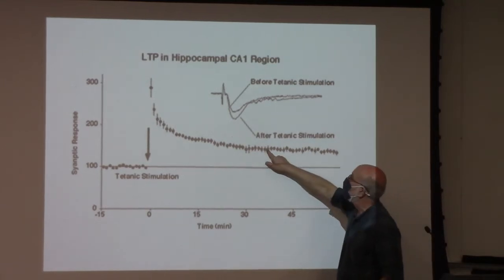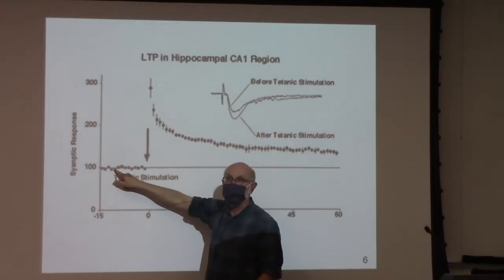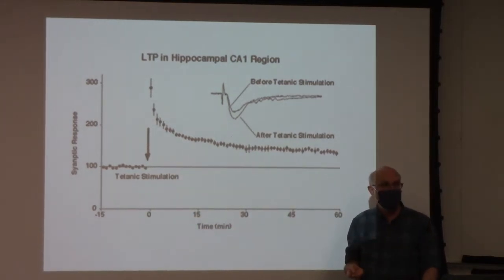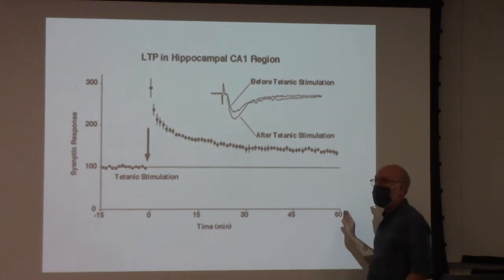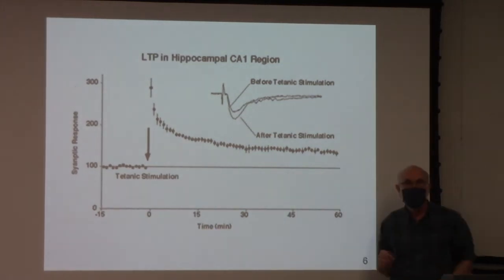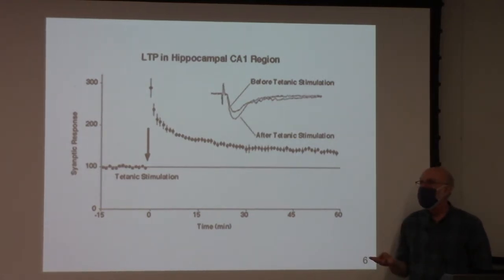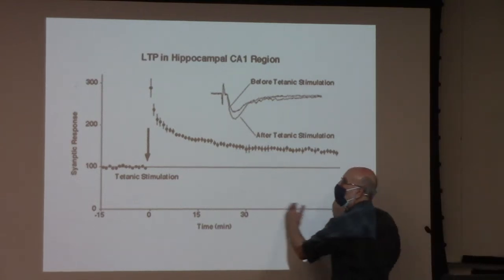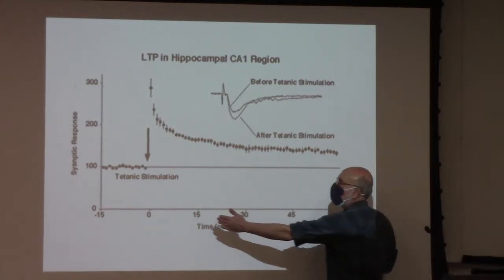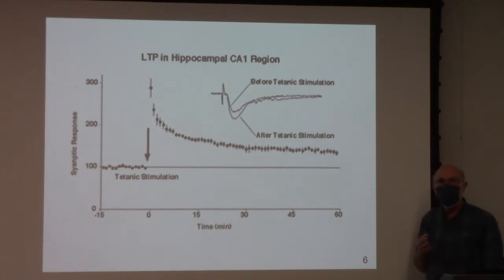Everything about this stimulus is the same as this stimulus, but the response is bigger. It's been potentiated, and it lasts for a long time. This is just showing 1 hour, but it can last for 6 hours, and it can last for 6 days. The mechanisms for a 1 hour long term and the mechanisms for a 1 day long term are different. We're going to focus on the mechanism for this form of long-term potentiation.